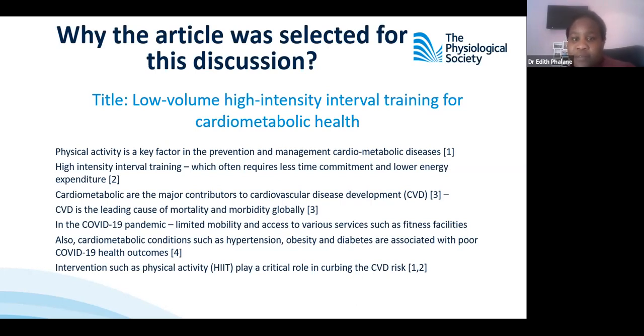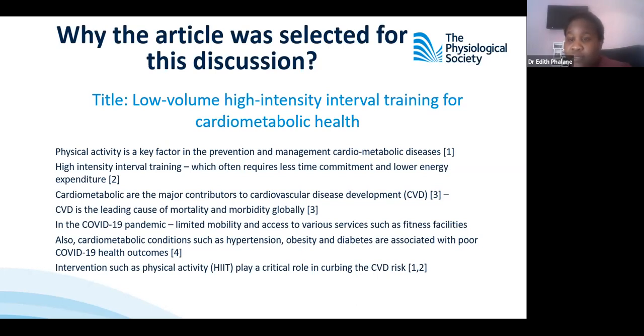We know physical activity is a key factor in the prevention and management of cardiovascular diseases, and high intensity interval training is another form of physical activity which offers benefits in terms of cardiometabolic health management, and requires less commitment and lower energy expenditure. And I have chosen this article because that is my area of focus.